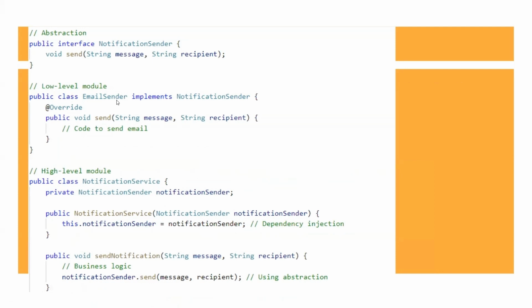In this way, the notification service now depends on the abstraction of the notification sender rather than directly on the email sender. So this adheres to the dependency inversion principle, and the idea behind this is that it allows easier extensibility and maintenance, as new notification providers can be added without modifying the actual code which we have.